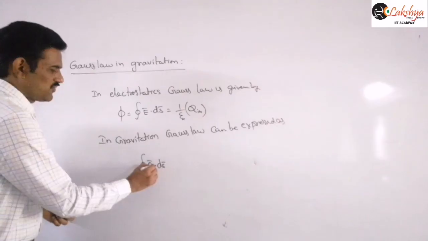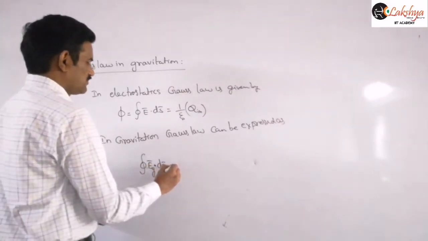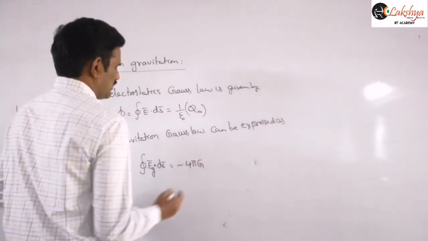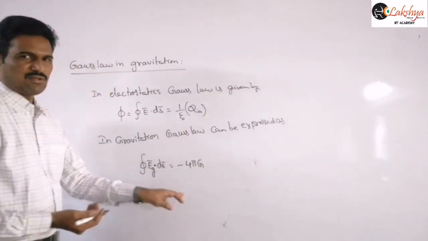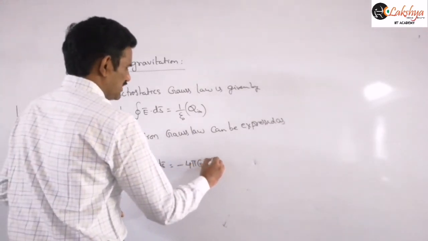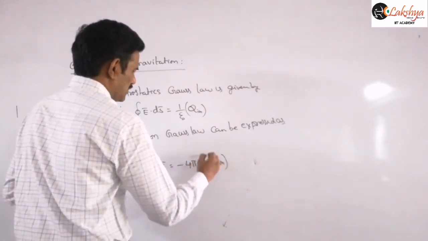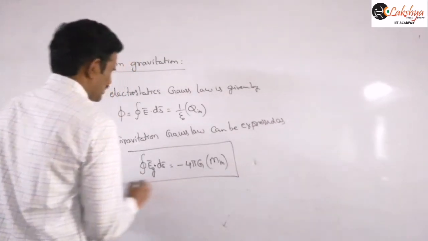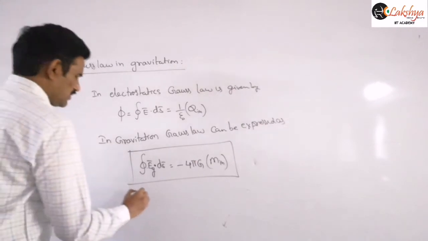This is equal to minus 4 pi G times M, where M in is the mass enclosed. So that is Gauss law in gravitation.